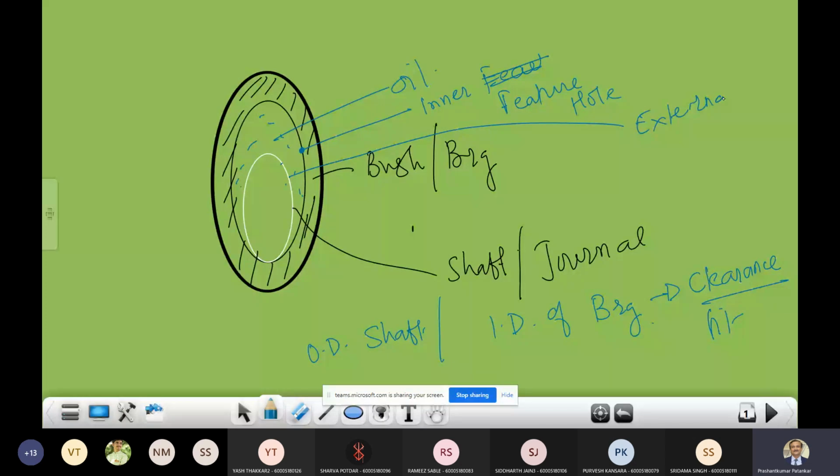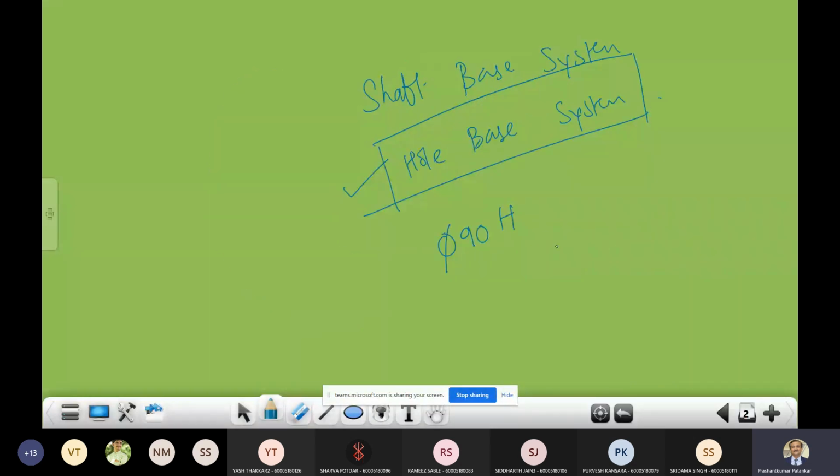Okay, so when we follow the hole based system, for the fundamental deviation of the hole we use the letter capital H, followed by one number. It may be 7, it may be 8. That is the tolerance grade. In total we use 18 tolerance grades, starting from 01, 0, 1, 2, 3, up to 16.